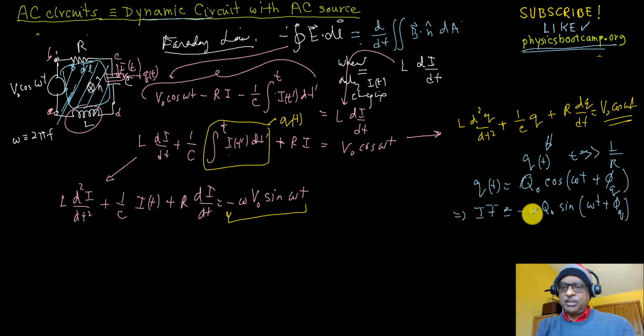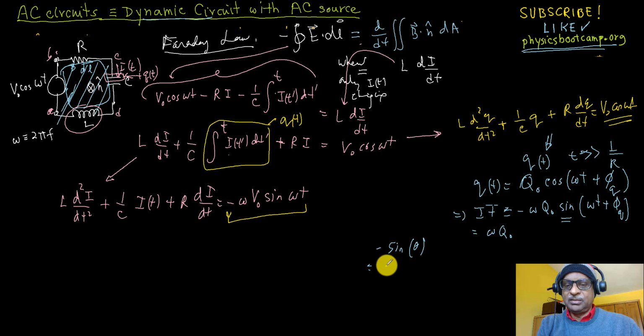Now I can absorb this minus sign inside there and convert this sine to cosine. So first put a omega q0. If you have a minus sine theta, then this is the same as sine(theta plus pi). So sine theta cosine pi will be minus sine theta, and the other one will be 0.